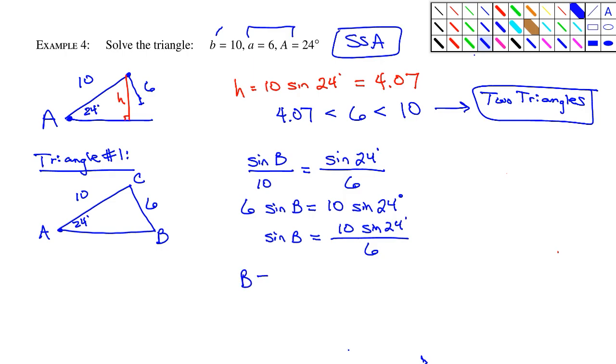And B is going to be equal to the inverse sine of 10 sine 24 degrees divided by 6. Work that in your calculator, and we get an answer of 42.68 degrees.